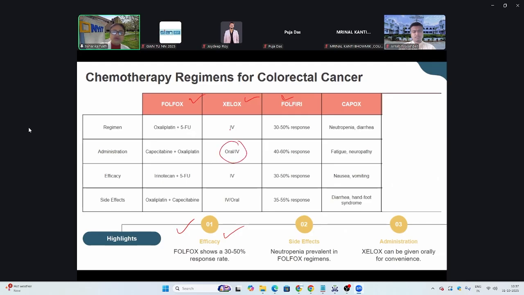But typically these are given IV. Most of them will be given IV first, and then some of them will follow up as oral. So you look for a good response rate for these different drugs. There are 4 different combinations here. Oh, the 4 are here also. So these are the 4.